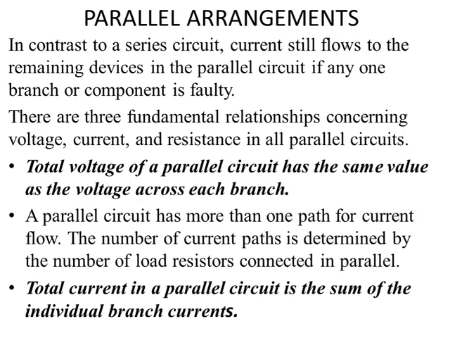As a parallel circuit has more than one path for current flow, the number of current paths is determined by the number of load resistors connected in parallel. Yes, the number of resistors will determine the number of current paths, because as long as you have two or more paths, you already have a parallel resistor.